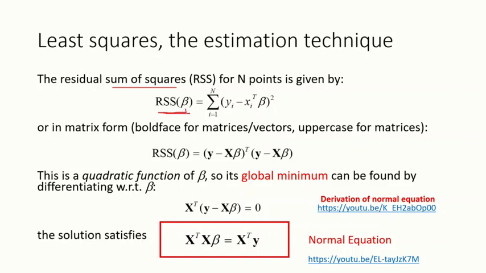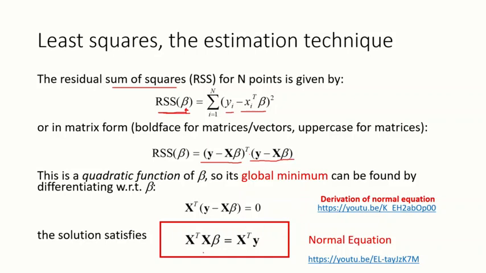You compute the difference between observed and expected, square it, and sum. And this can be rewritten in matrix multiplication format: the transpose of this difference multiplied by that.